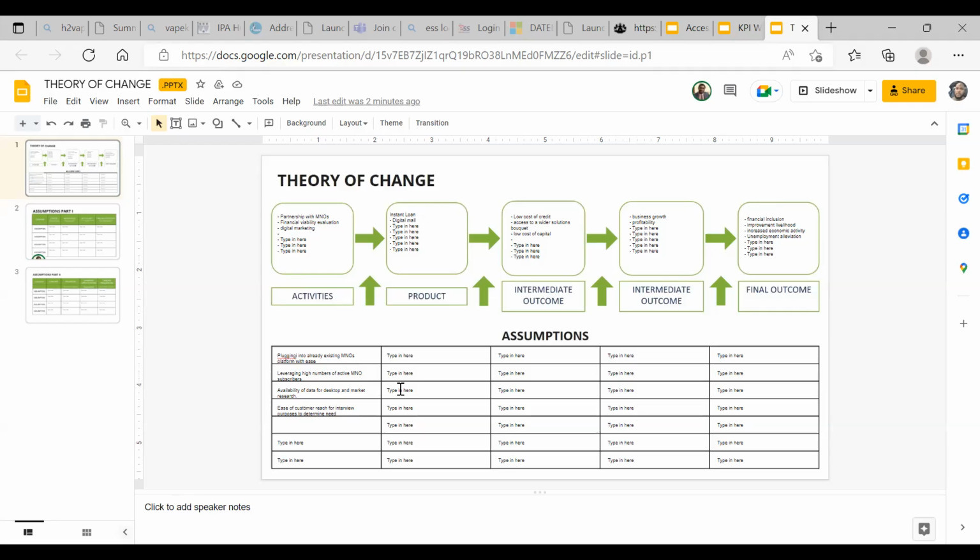So we'll partner with them, and we'll also engage in financial and market research to interview customers, to get a sense of what they need, their pain points, and how best we can address them.